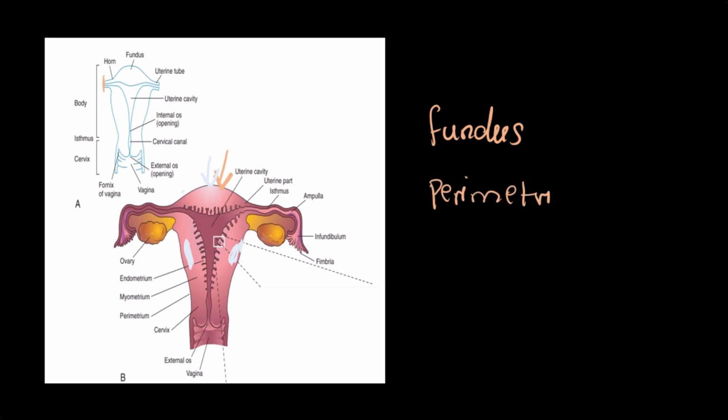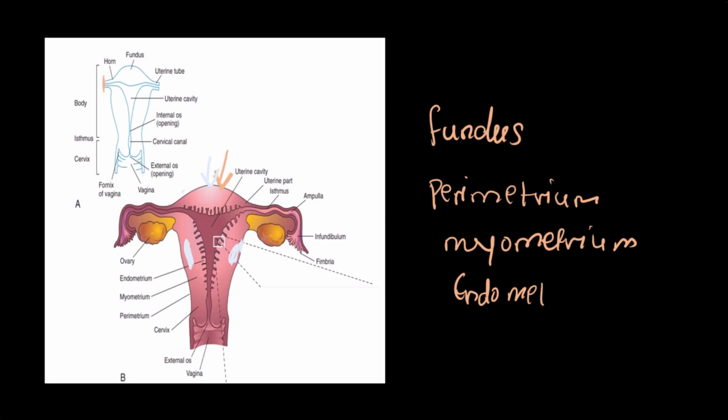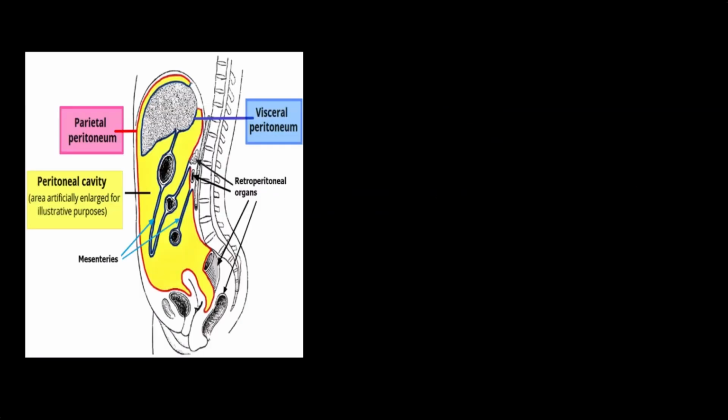The uterus is made of 3 walls. We have the perimetrium, the myometrium, and the endometrium. Now, the perimetrium is actually a part of the peritoneal layer of the abdominal cavity.